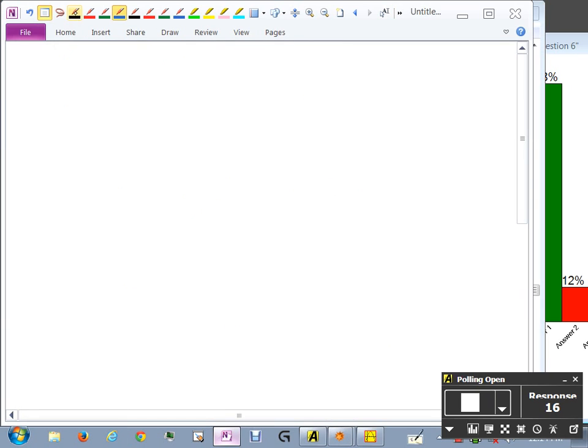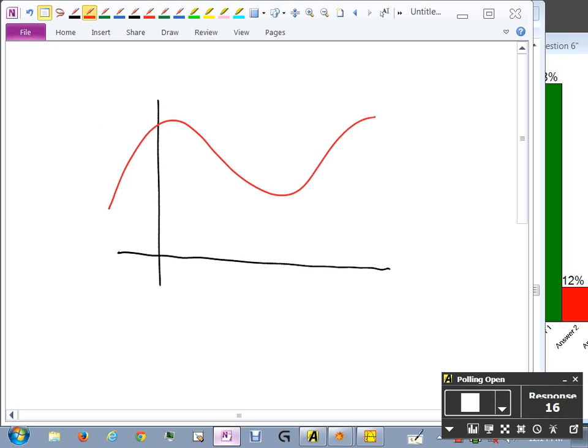So when we talk about a function in a class like this and we say continuous, what we mean is basically you can draw it without picking up your pencil, and it's a function. So if I draw a function, that right there would be a continuous function. All right? Here's another example of a continuous function. I'm drawing it without picking up my pencil. Both of those pass the vertical line test, right?